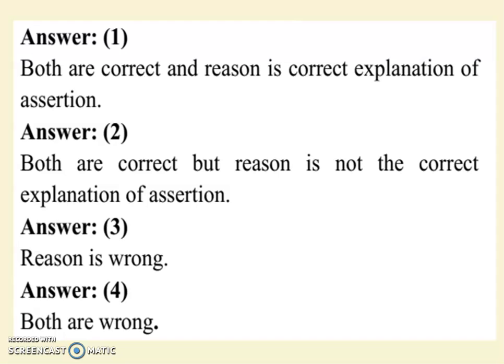If the assertion is correct and the reasoning is wrong, the option is C or 3. If both the assertion and the reasoning are wrong, then the option will be D or 4, right?